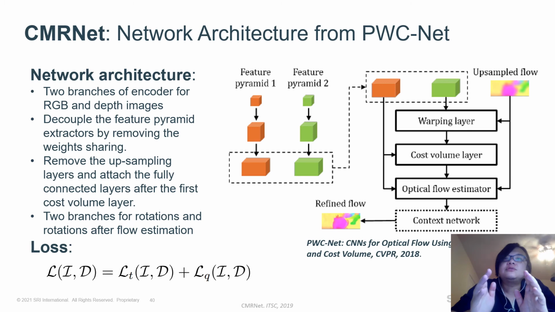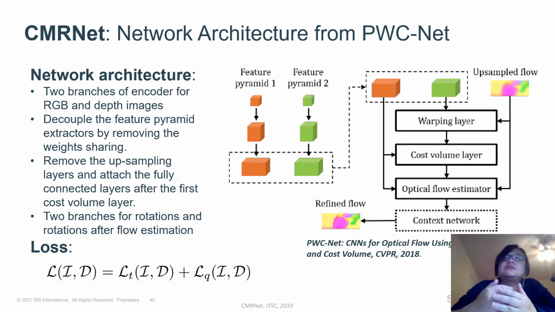The authors of CMRNet modify this network architecture for their purpose. There are a few major changes. The first one is that they use two branches of the encoder for the RGB and depth images. The original PWC-Net uses two branches for two different images.